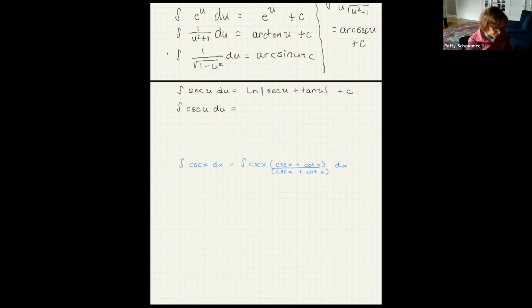So I can make this a single fraction here. And if I multiply out the top, I'm going to get cosecant squared of x plus cosecant of x cotangent of x.